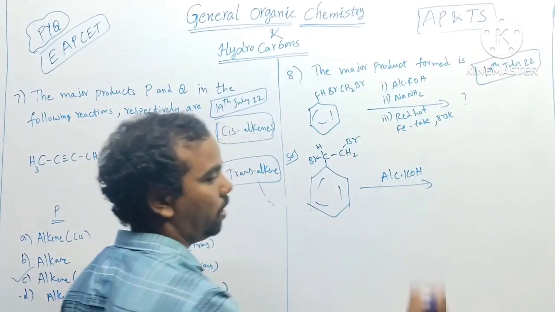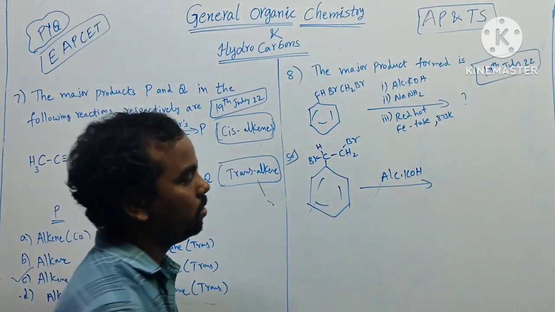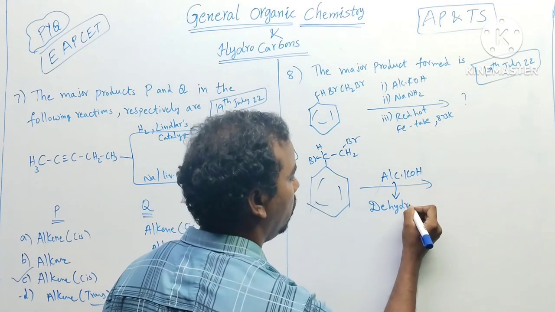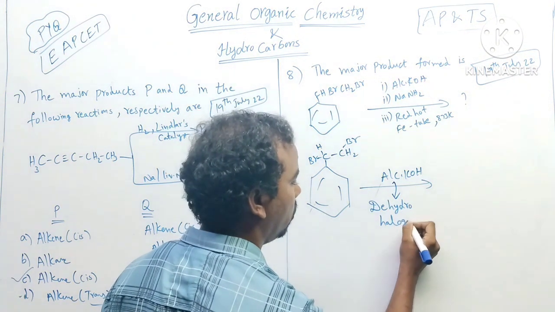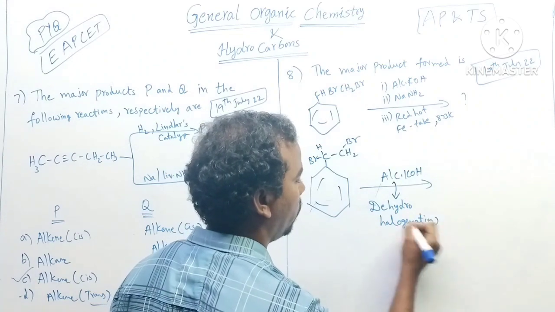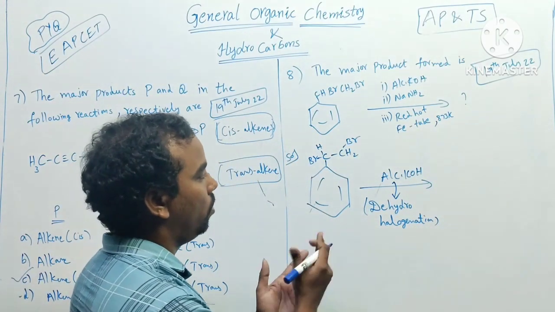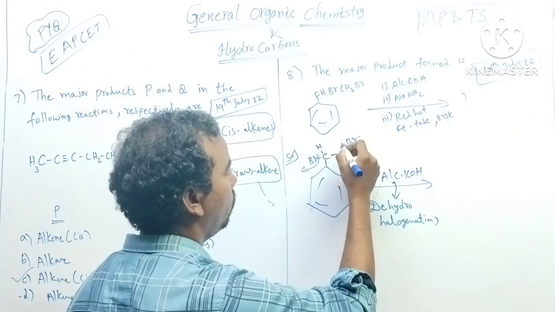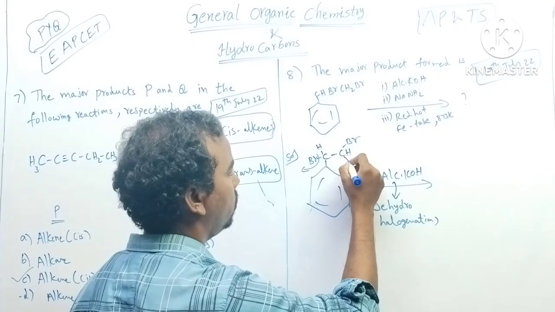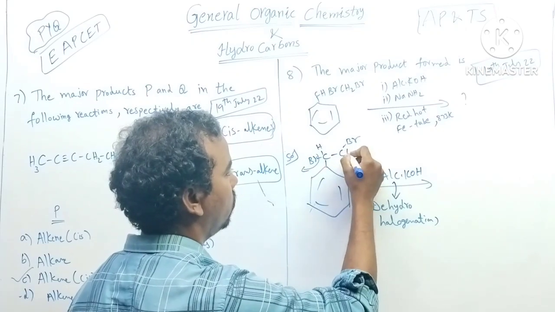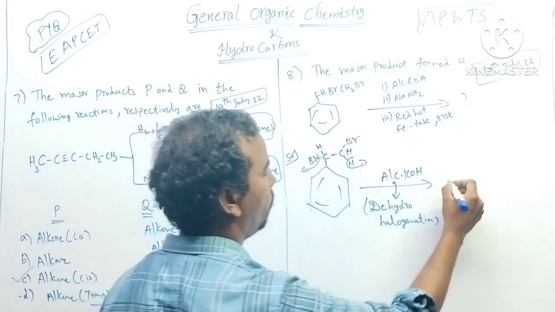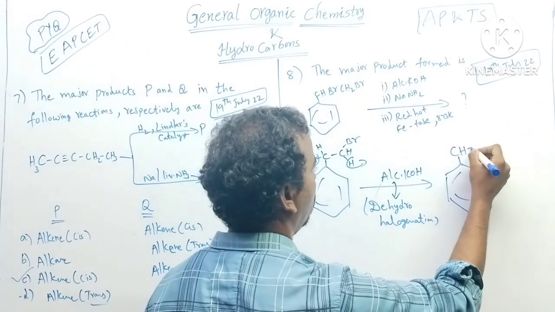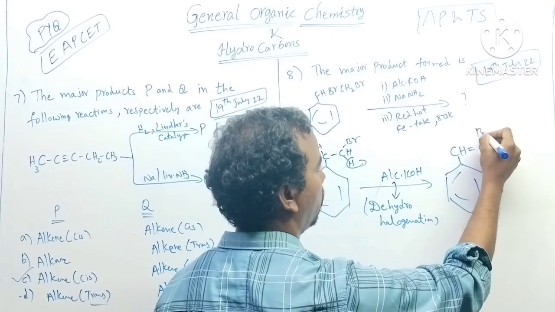What is the use of alcoholic KOH? Alcoholic KOH is used for dehydrohalogenation. It is a dehydrohalogenating agent. That means one hydrogen and one halogen are removed, here as HBr. Then it forms CH double bond CHBr.